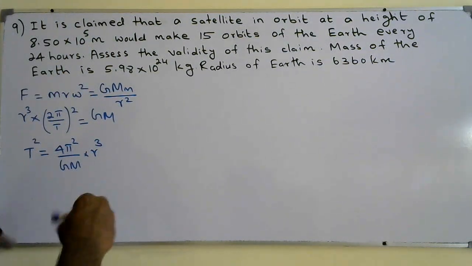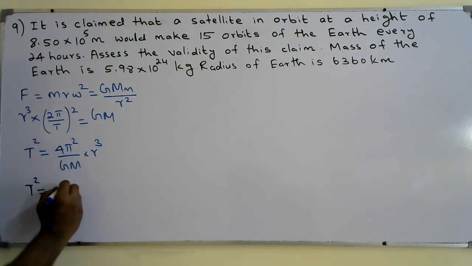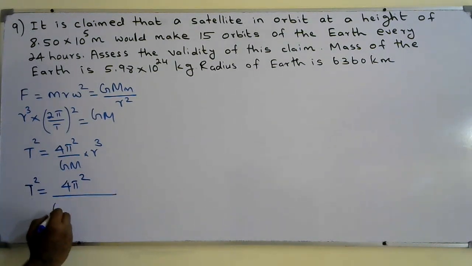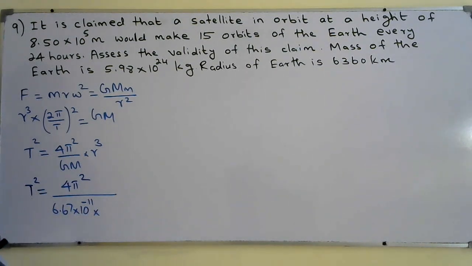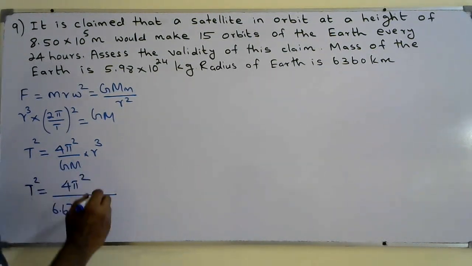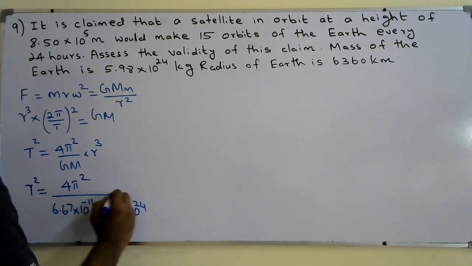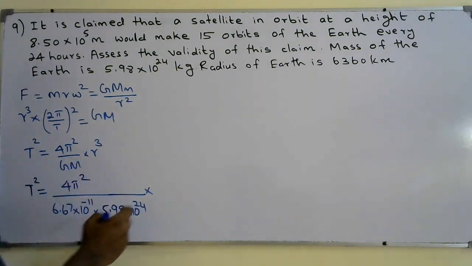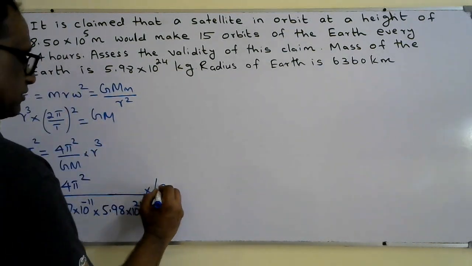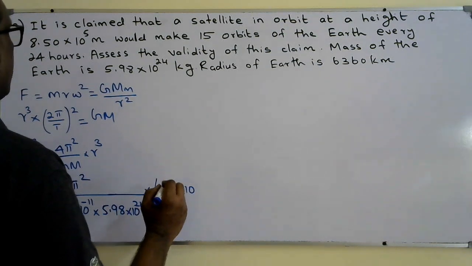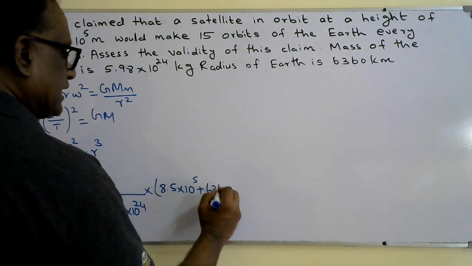So T squared is equal to 4π squared over G, 6.67 × 10^-11. The mass of the planet, that is the mass of the Earth, is 5.98 × 10^24, into r cubed. For the radius we have to add both: 8.5 × 10^5, that is in meters, plus 6360 kilometers, converted to meters, 6360 × 10^3 meters, all in cube.